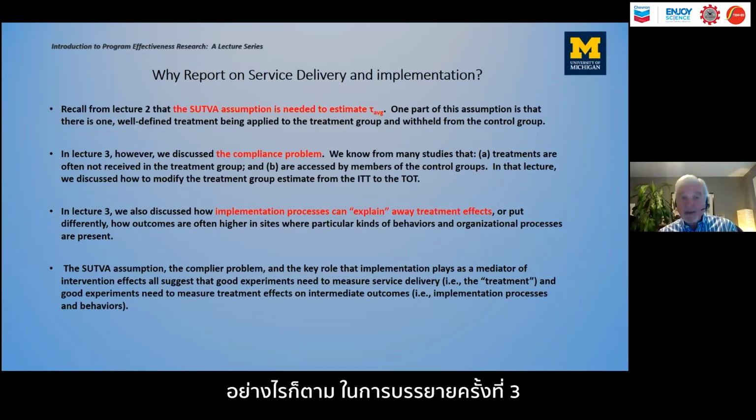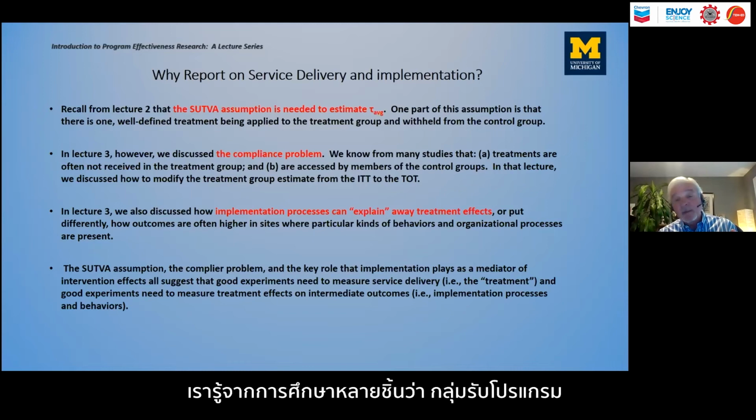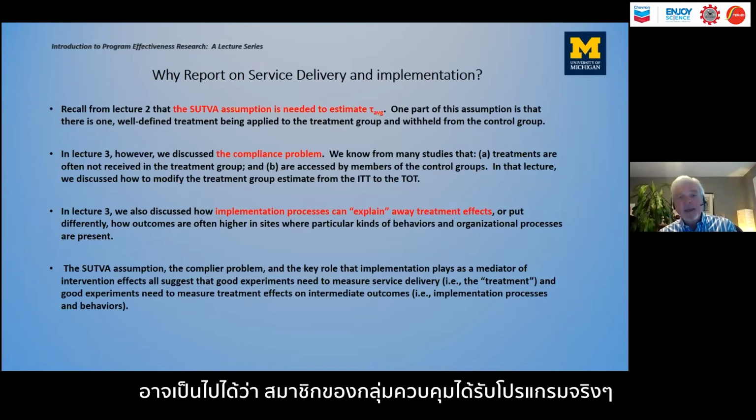In lecture 3, however, we discussed the compliance problem. We know from many studies that treatments often aren't received by the treatment group for a variety of reasons. And for a variety of reasons, it can be the case that members of the control group actually receive the treatment.